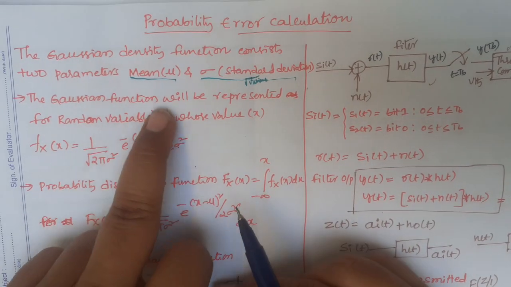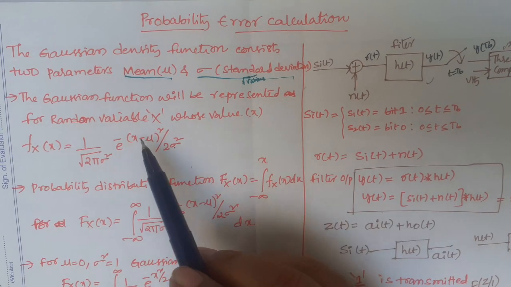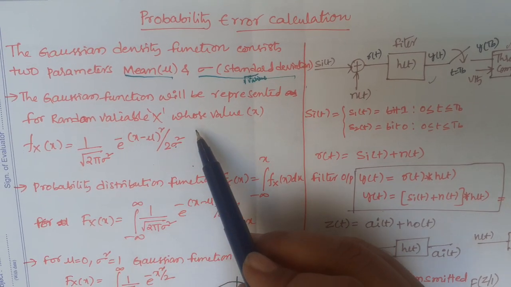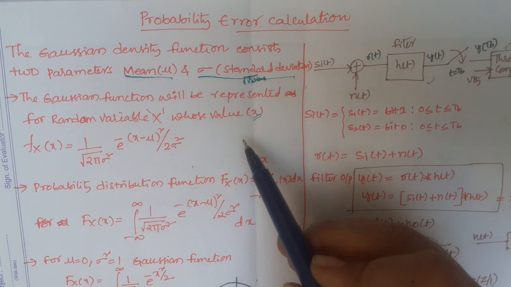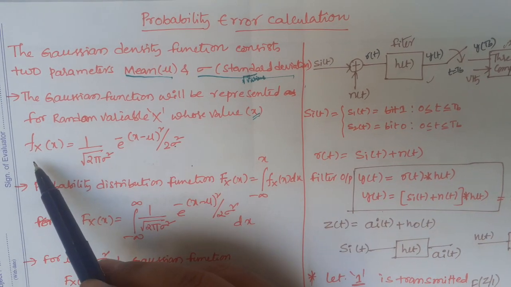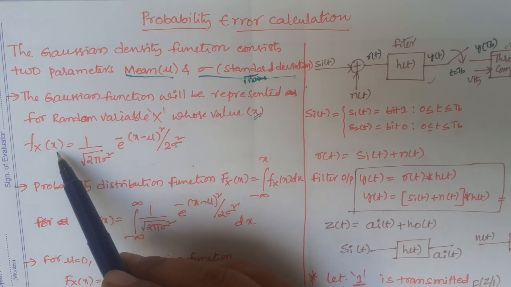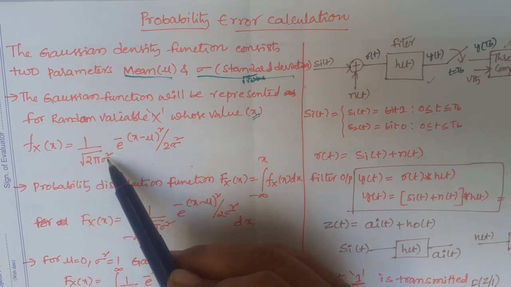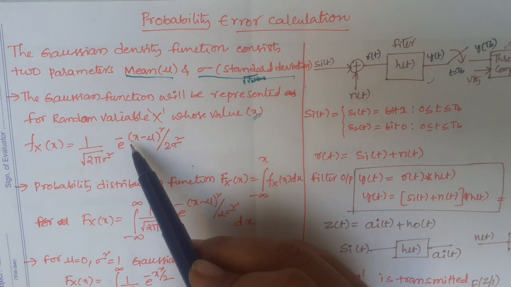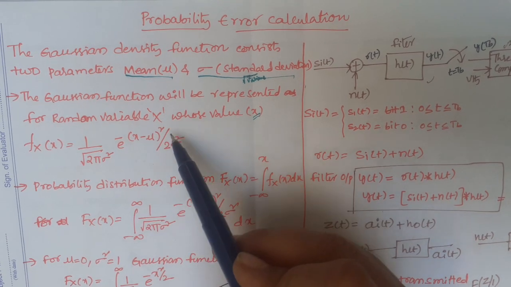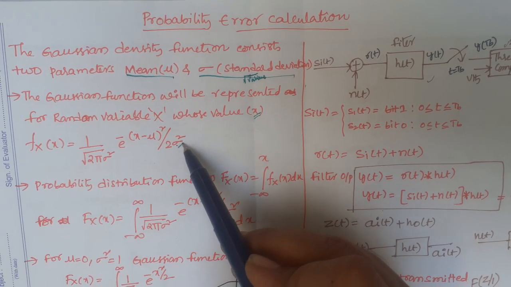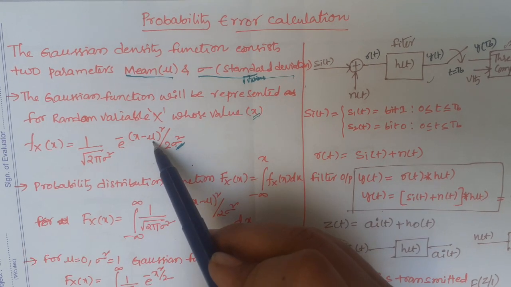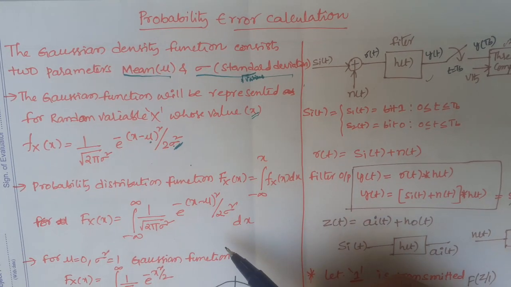Now the Gaussian function is represented by a random variable X taking the value small x. So f_X(x) is equal to 1 by square root of 2 pi sigma square, e power minus (x minus mu) whole square by 2 sigma square.